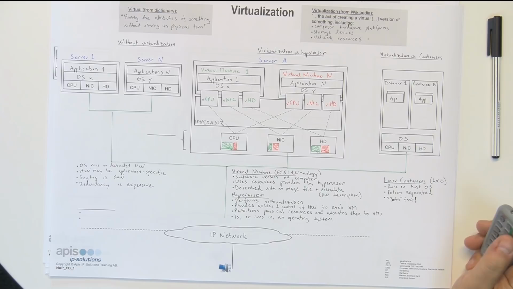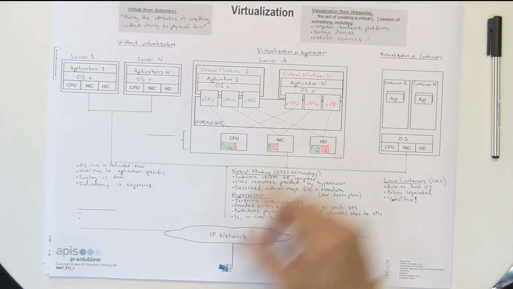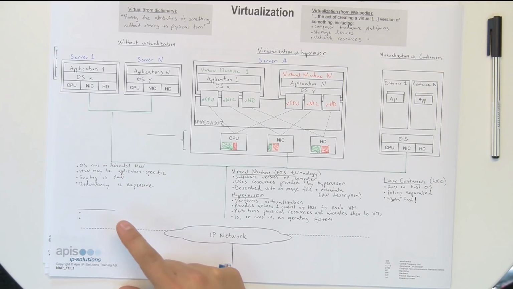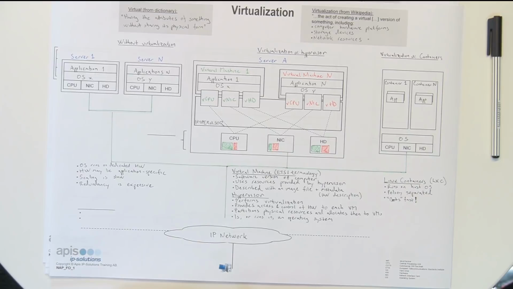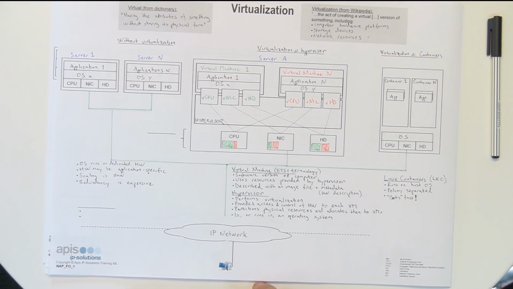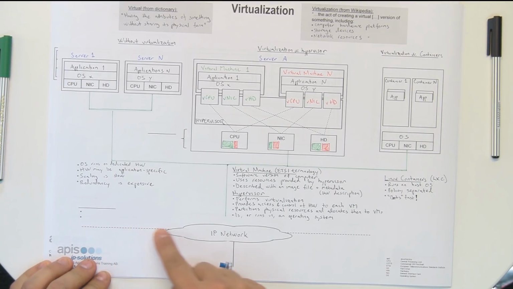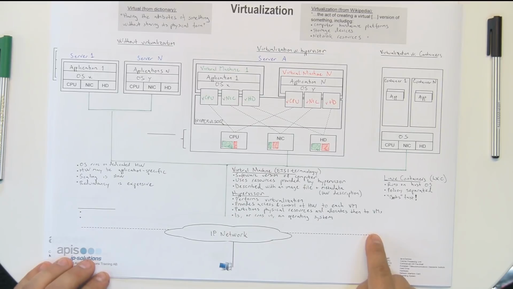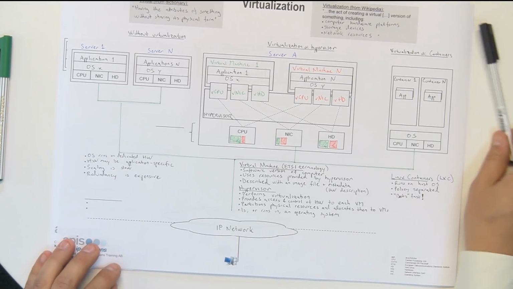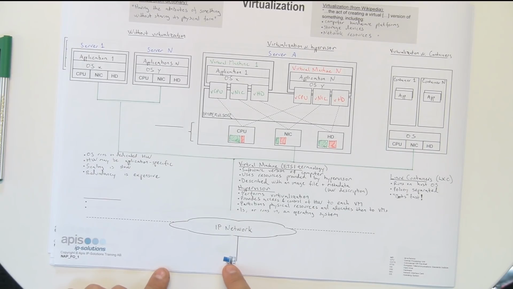The final thing that I want to add here is just a little bit down here, because we're not going to mention cloud very much at all during this course. We have other courses that talk much more about cloud, but we wanted to get it in some way here. So down here we have a dashed line going across through this IP network. And this is in order to show you that there is a user out here.